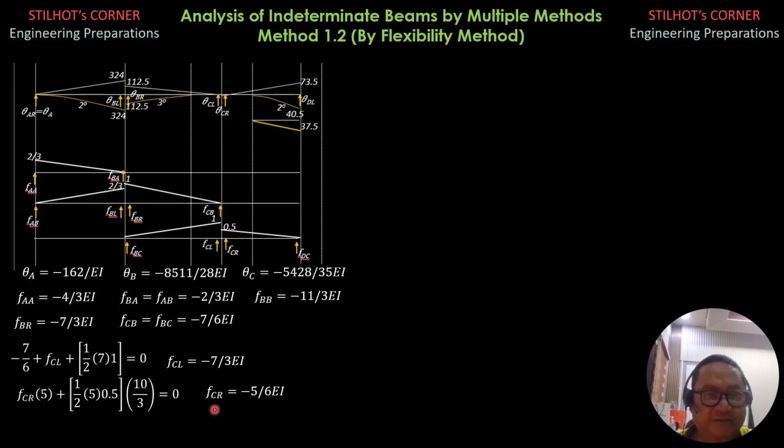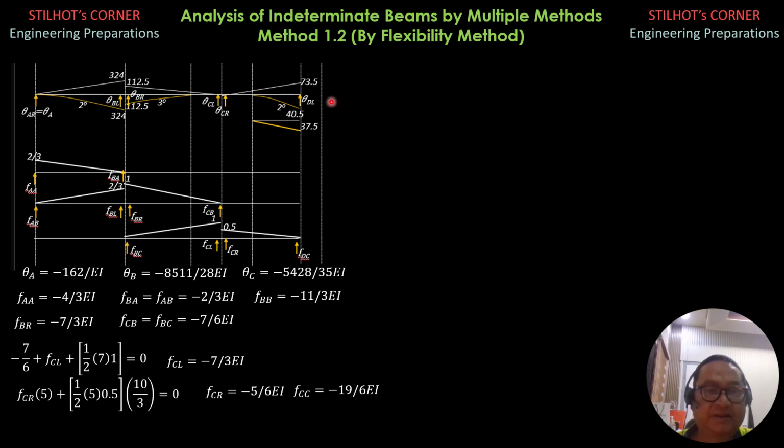So FC right is equal to negative 5 over 6 EI. FCC, therefore, the force coefficient at C, is FC left plus FC right, negative 7/3 plus negative 5/6. So that would be negative 19 over 6 EI. We then set up the compatibility equation, that is FAA times moment at A plus FBA times moment at B plus theta A equals 0.